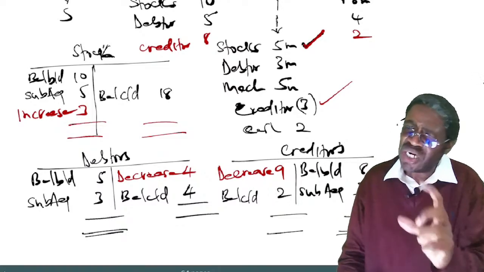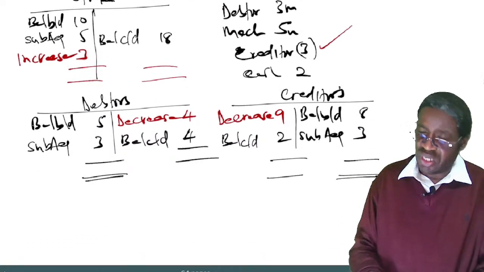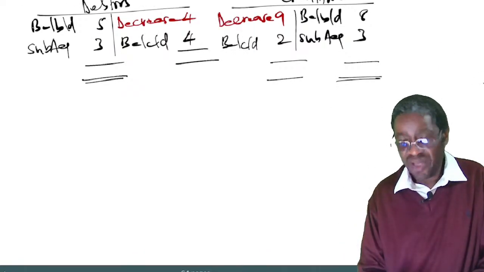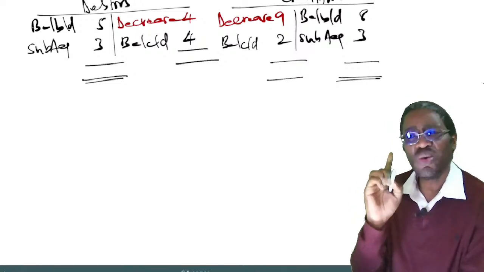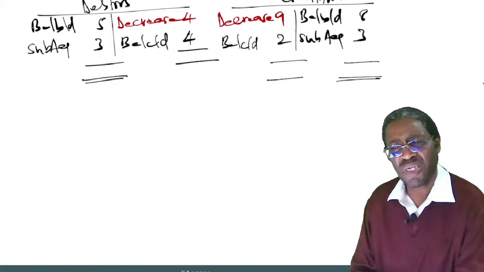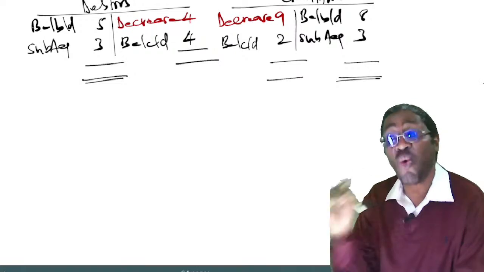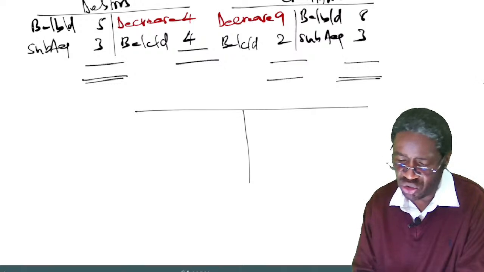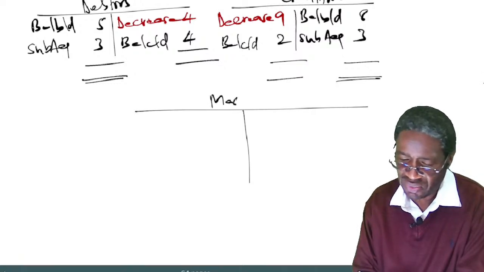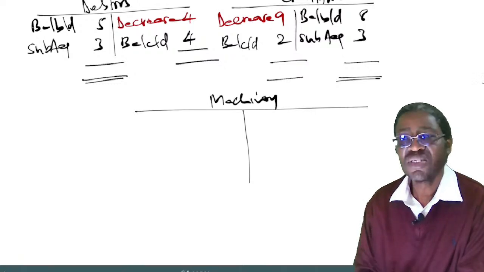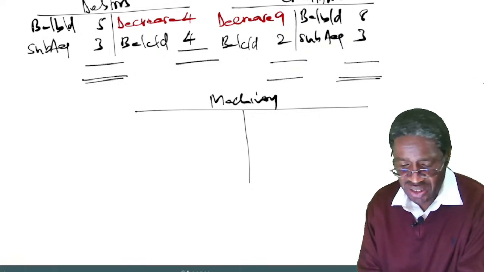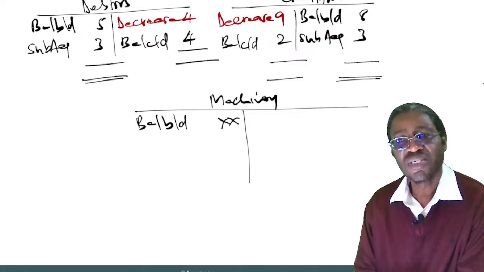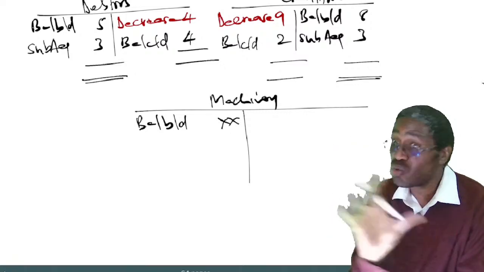So for now, let me assume that is the purpose. In this company, we want to know how much we paid to acquire new machinery. So you would open a machinery account. You will go to the balance sheet last year, bring down the balance, whatever it is, then go through the question. That's what you used to do.